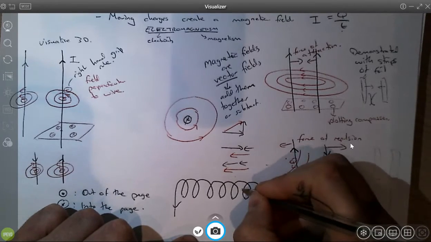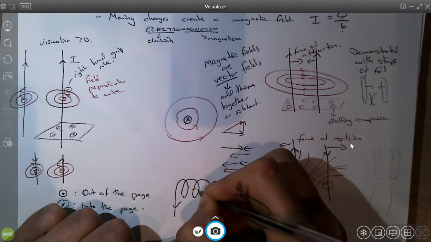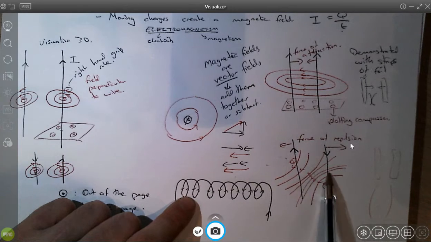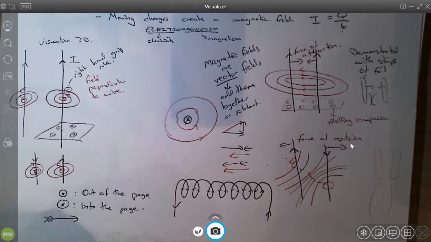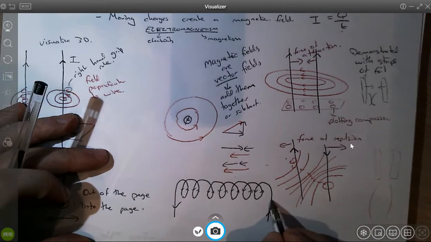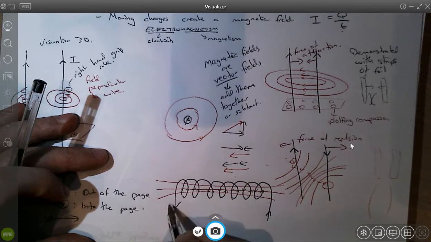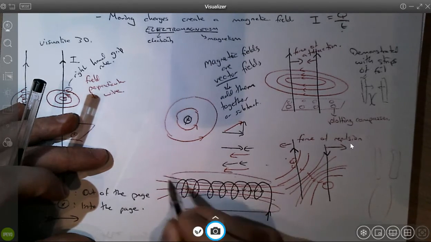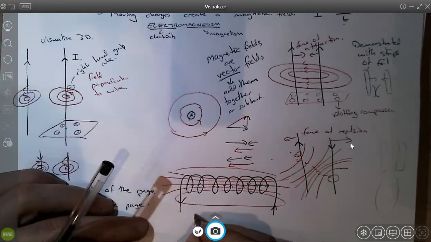We have individual bits of wire here in the loop where the current is doing this. So if you imagine doing this for every single wire here, all the ones next to each other, what you end up with is this field that looks like this. And you will notice this looks a lot like a standard bar magnet.